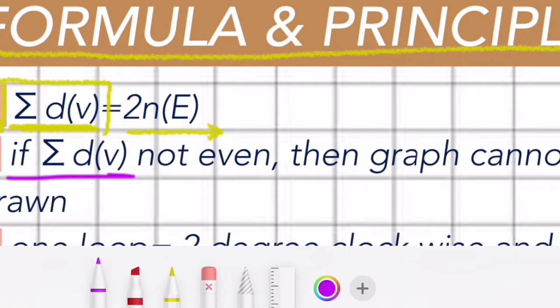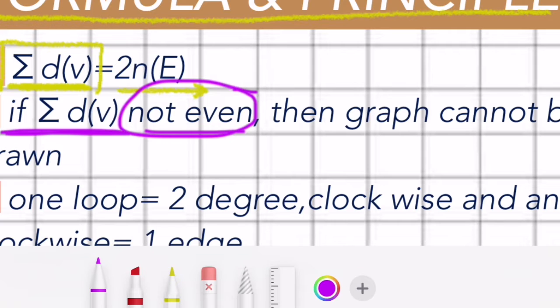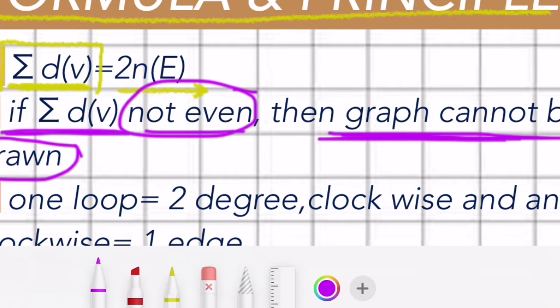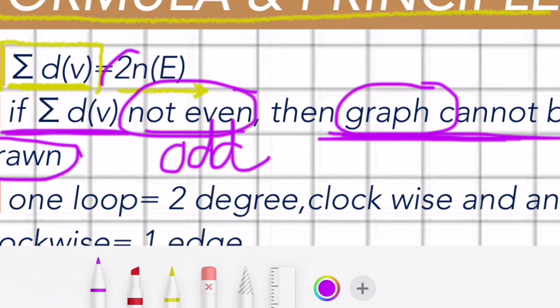Okay, if sum of the degree not even, then graph cannot be drawn. Graph cannot be drawn if it is not even. That means odd. If it is odd, you cannot draw the graph because of the 2 here. Sum of degree must be 2 times of the edges.